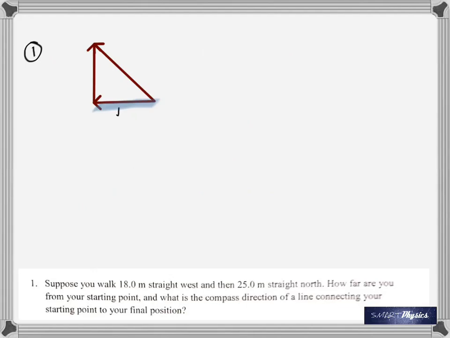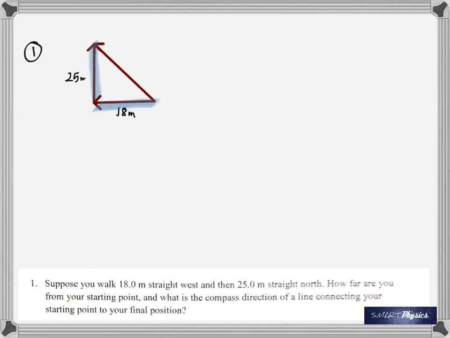This first question talks about walking 18 meters straight west and then 25 meters straight north, and how far are you from your starting point? Now that's your starting point. How far away are you? So that's simply the vector, which is the sum of 1 and 2.